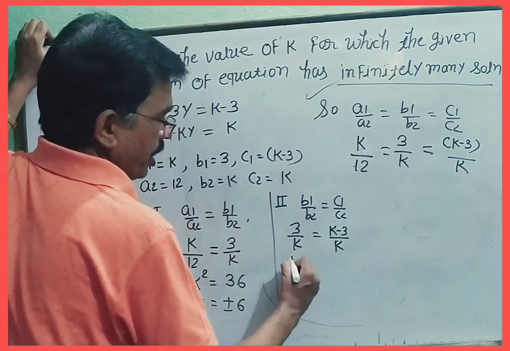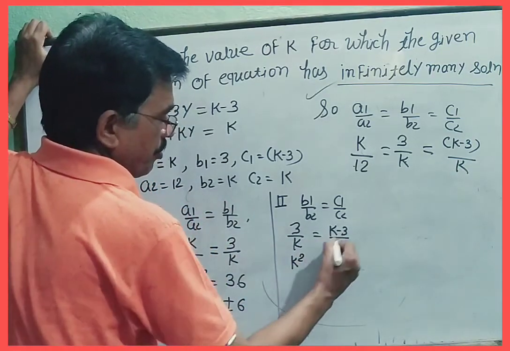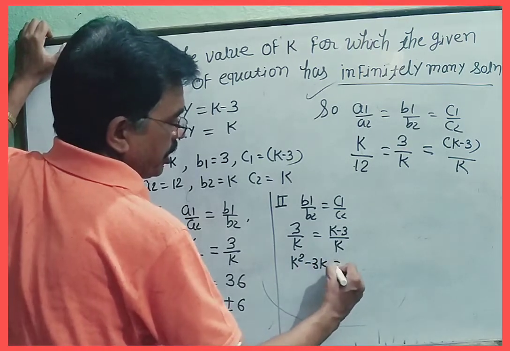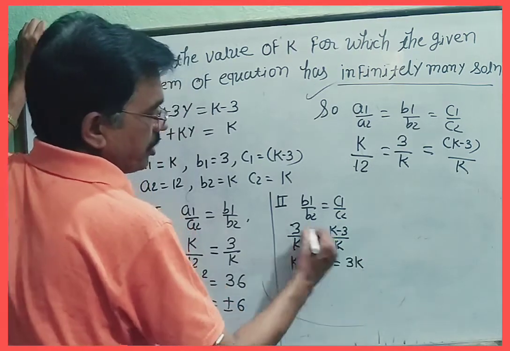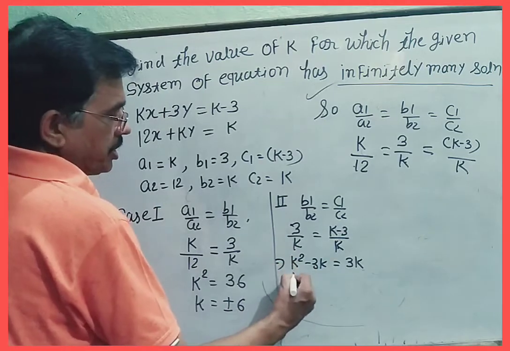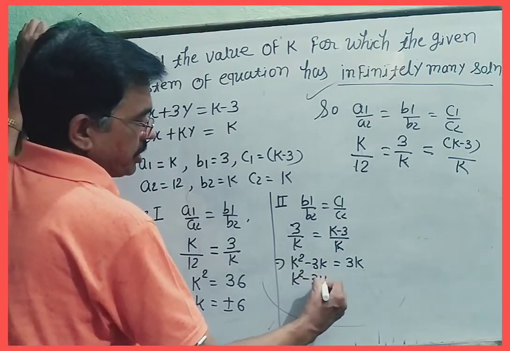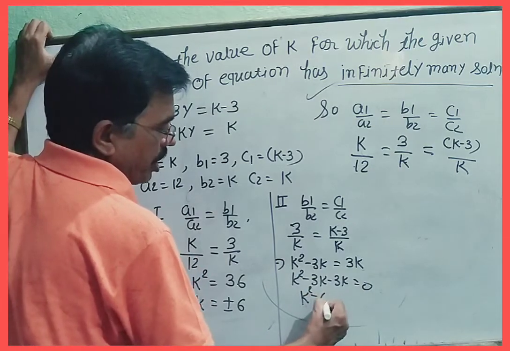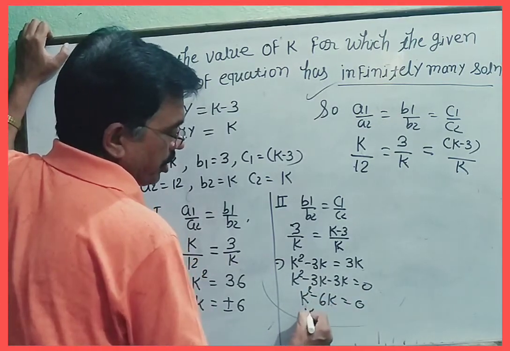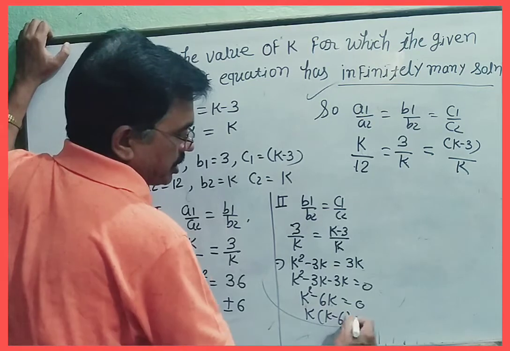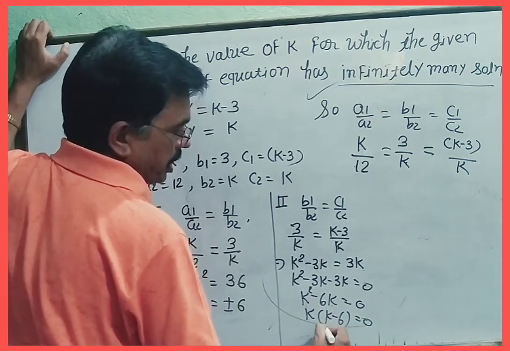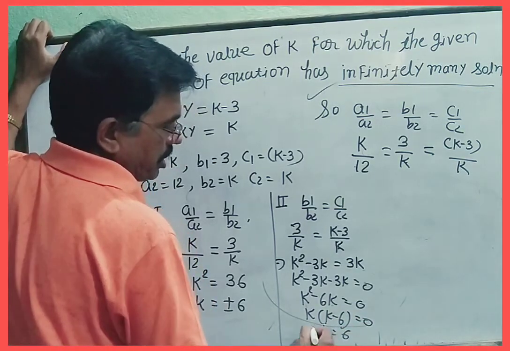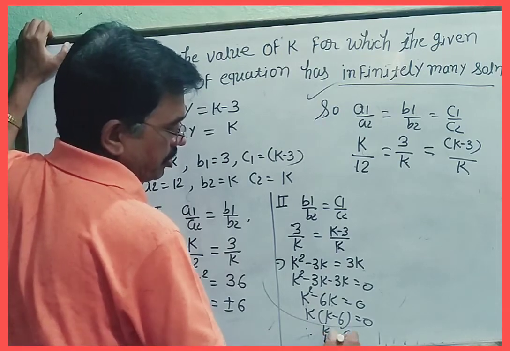Hence k square minus 3k is equal to 3k, by cross multiplication. Then k square minus 3k minus 3k is equal to 0. That is k square minus 6k is equal to 0. k is common, so k into k minus 6 is equal to 0. Hence it is clear, k is equal to 6 and k is equal to 0.